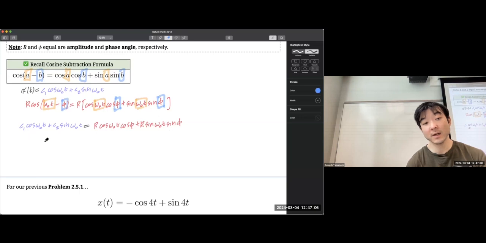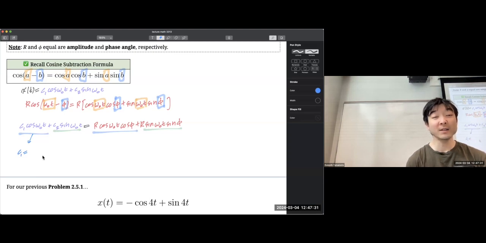So I'm going to say there's a bunch of cosines here, and then right here is a sine term with all these sine terms. In order for C1 cosine of omega t to equal R cosine of omega t cosine of phi, this means that C1 has to have equaled what?